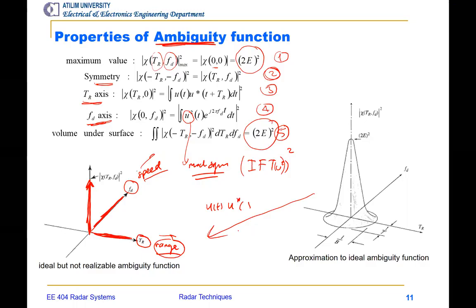One approximation to this theoretical one could be something like this, similar to a cone, where we get a single peak. It's spread equally over the Doppler axis and range axis, and the width of this cone-like shape is proportional to the duration and the bandwidth of the pulse.